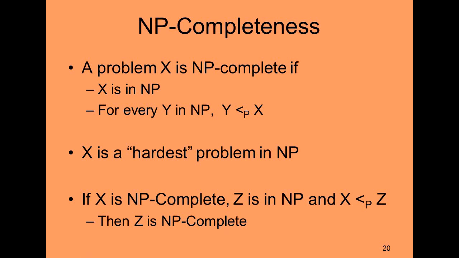So in the example, all problems are reducible to SAT, and SAT is reducible to 3-SAT. So now 3-SAT also becomes an NP complete problem.